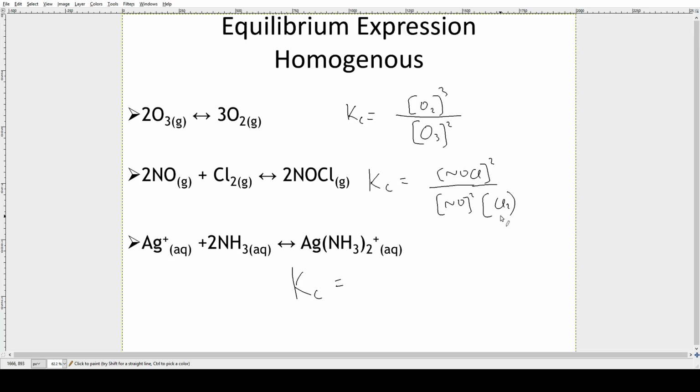Whoops, that's not right. Squared. And finally, these are all aqueous. Can I include aqueous? Yes, I can. I can have a more concentrated or less concentrated aqueous solution, so they do get to be included.